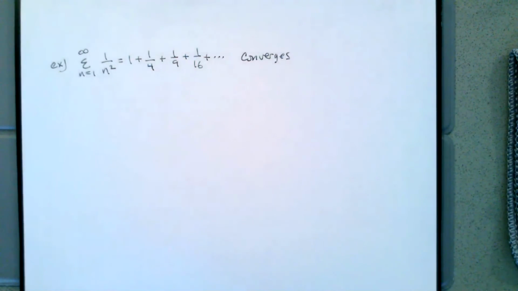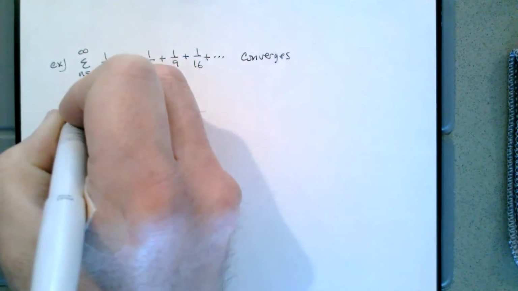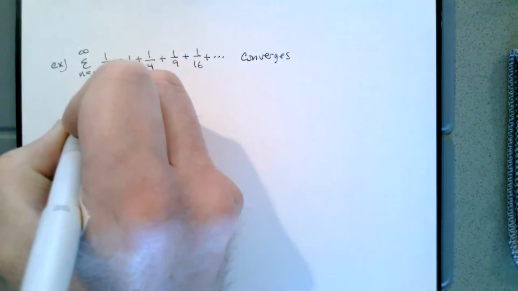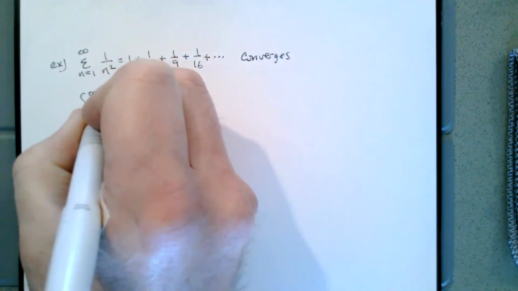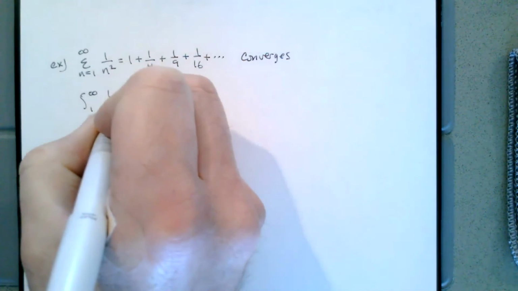Yesterday I made this claim, that the series 1 over n squared converges. The sum of all the reciprocals of the squares of integers converges. And we can use the integral test to do it. We'll find the integral from 1 to infinity of 1 over x squared dx.